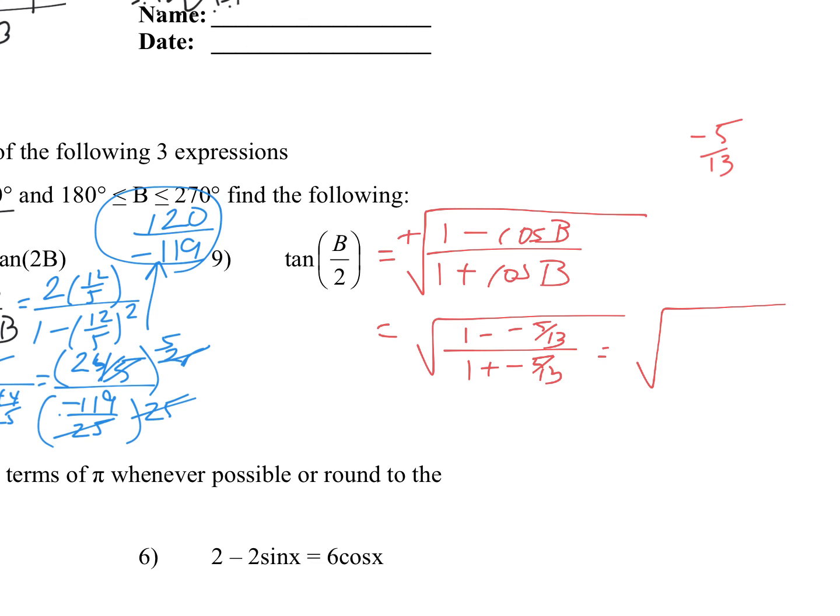Sorry, I can't read my own handwriting. There we go. Okay, and the denominator will become 8 over 13. So since the denominators are the same, we can cancel them. I'm left with the square root of 18 over 8, which reduces to the square root of 9 over 4, which ultimately becomes 3/2. So kind of an interesting answer there, I think.